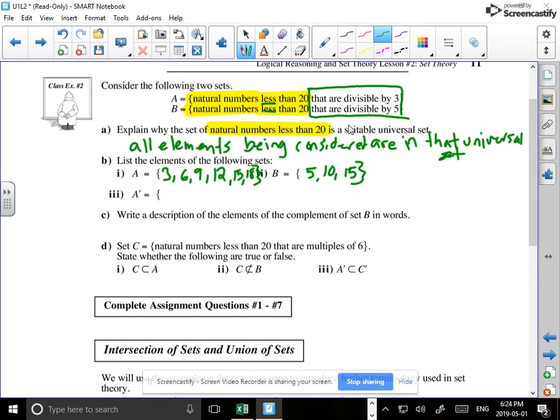So A prime is the opposite. It's all the numbers in that universal set, which we already decided was numbers less than 20.